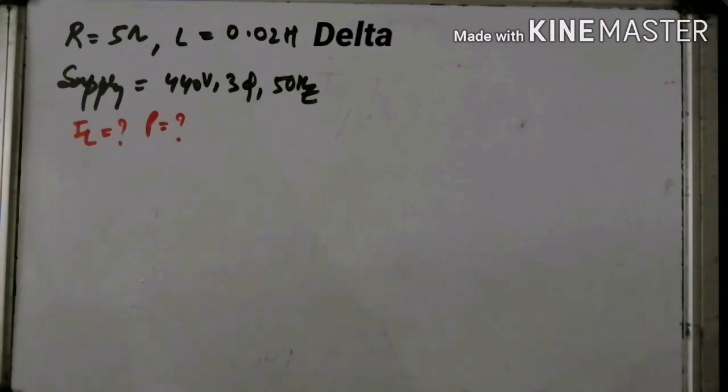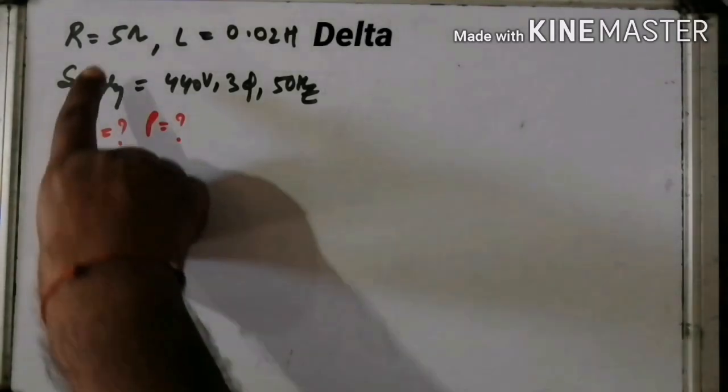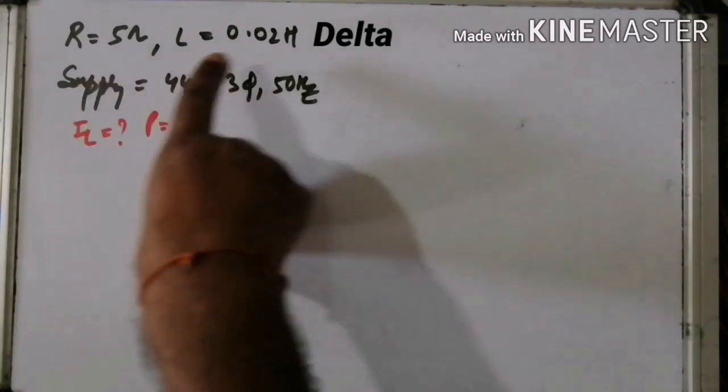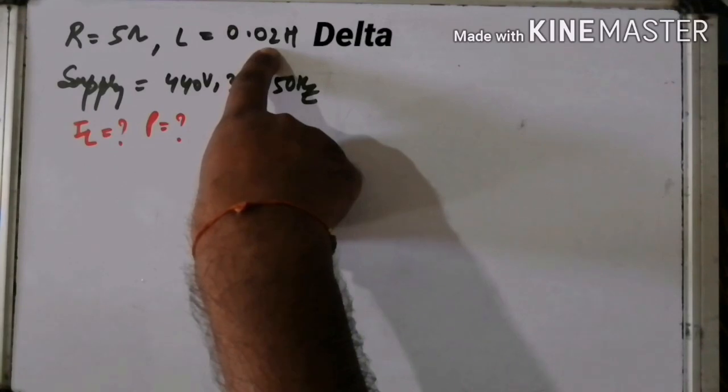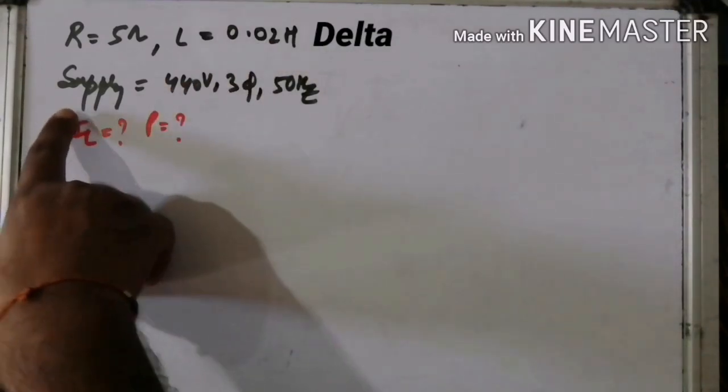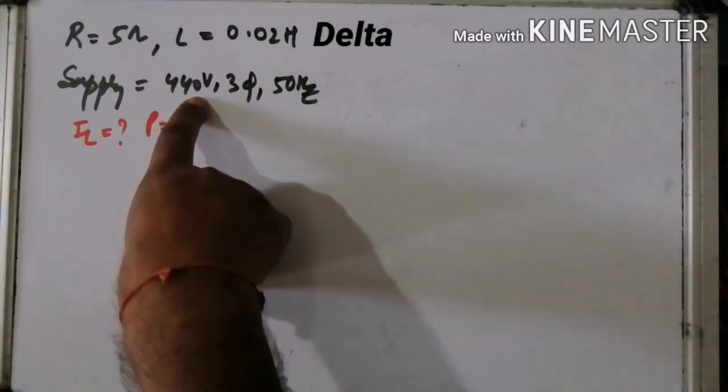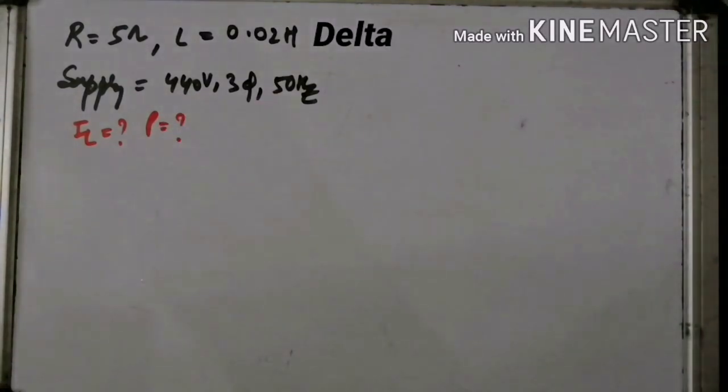I am repeating the question. Three similar coils having the resistance 5 ohm and inductance 0.02 Henry are connected in delta to a supply having voltage 440, 3 phase and 50 hertz.